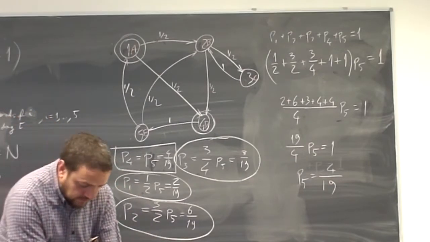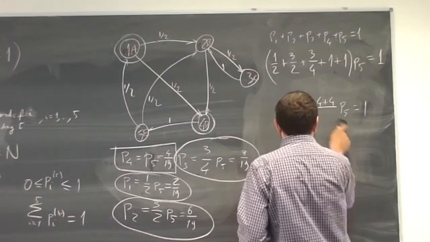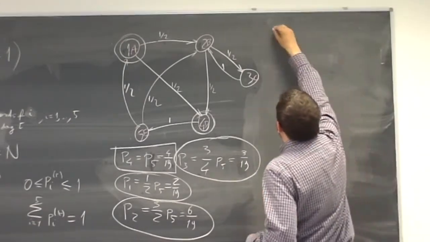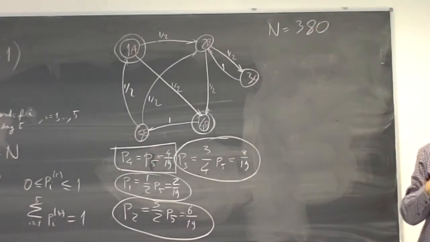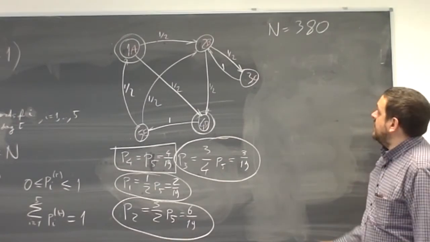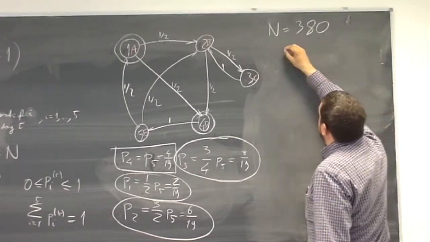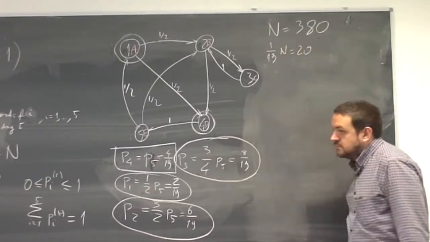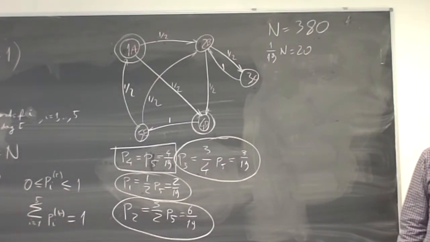So suppose that the total number of cards is 380. Okay, what happens if the number of cards is 380? So let's compute 1/19 of n, which is 20. Okay, 380, 38 is twice 19, of course.